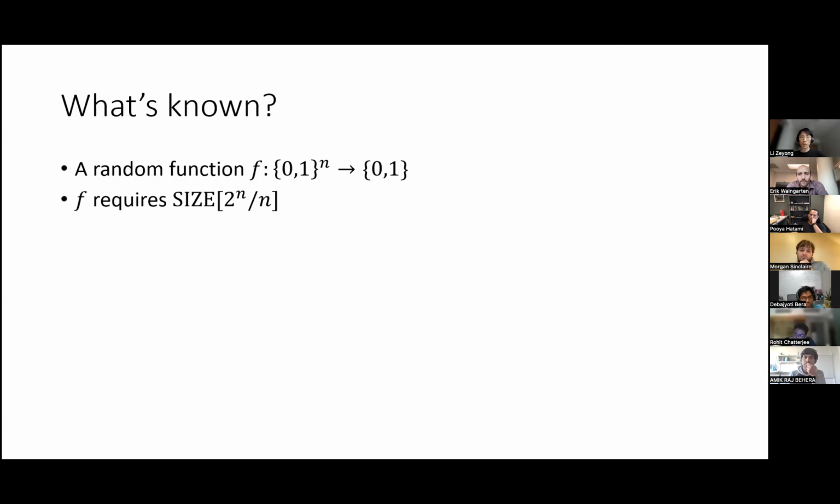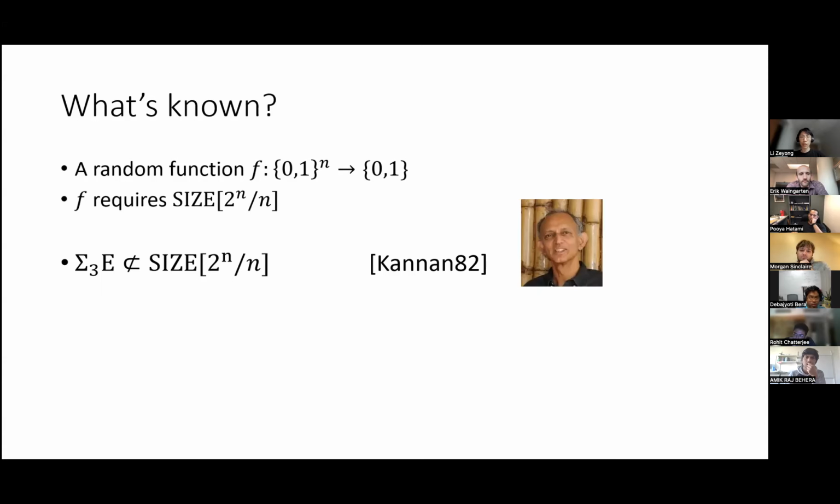But for explicit functions, in 1982, Kannan showed that Sigma_3 E cannot be computed by circuit families of size 2 to the n over n. Here, Sigma_3 E means the exponential version of the third level of the polynomial hierarchy.